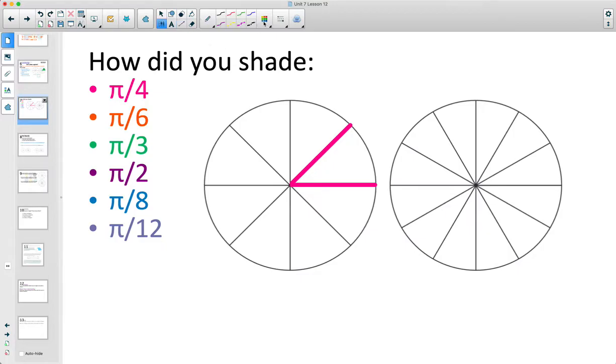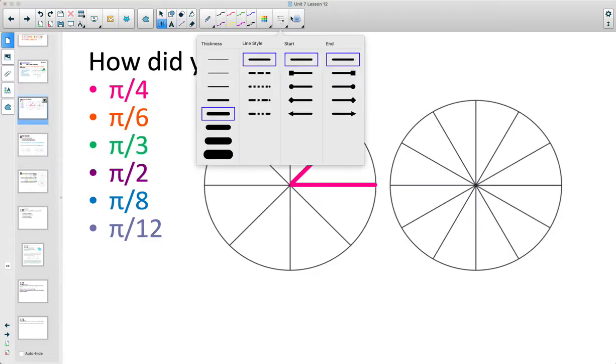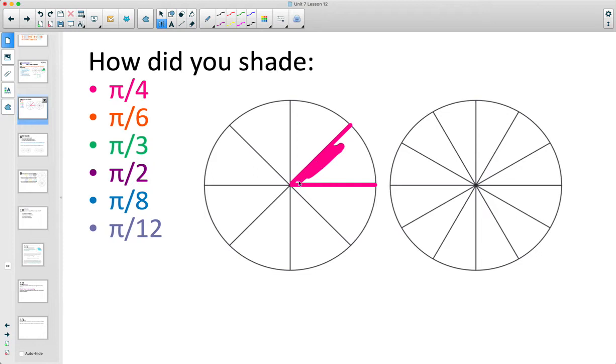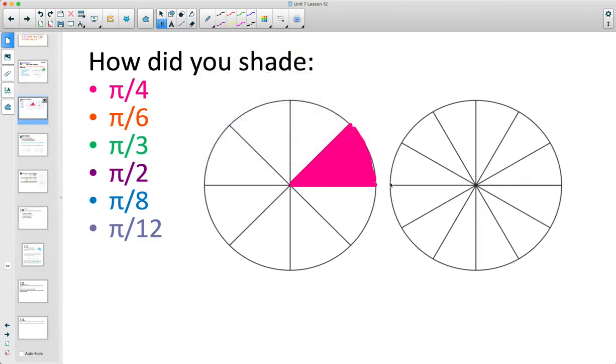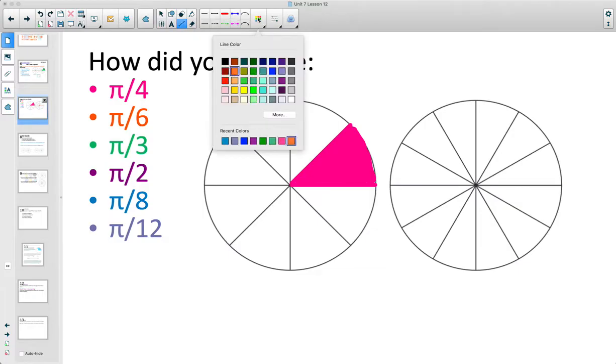So there would be a pi over 4 slice. And pi over 6 we see over in this larger circle, because they're taking the diameter and splitting it into 6 equal parts. So one of these little ones would be equal to a pi over 6.